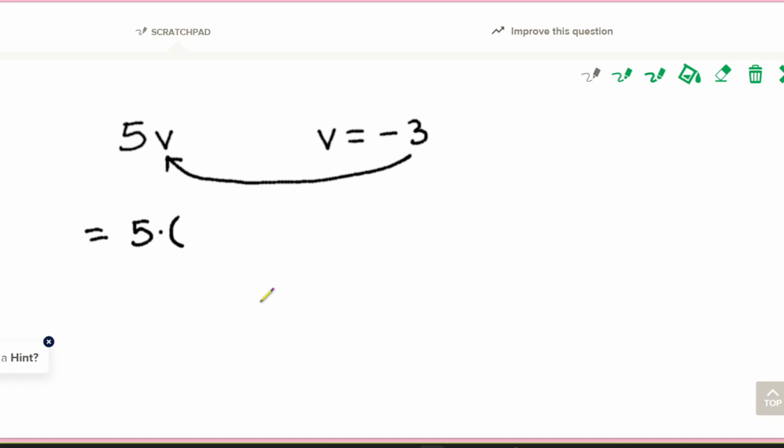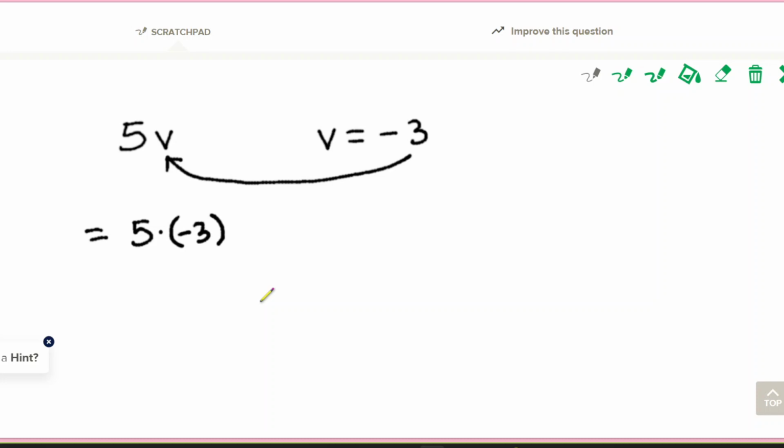Every time you make a substitution, put parentheses around what you're substituting. So I'm putting parentheses around this number, -3. It'll help you out in many, many situations. It's not always necessary, but here, because v is being multiplied by something other than 1, I'm going to do this thing with the parentheses.